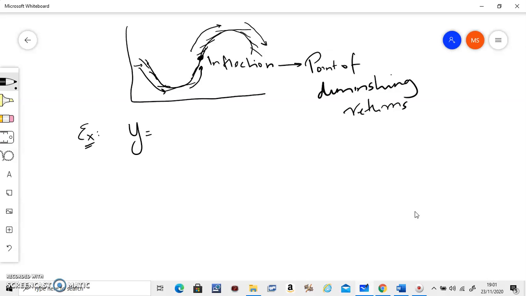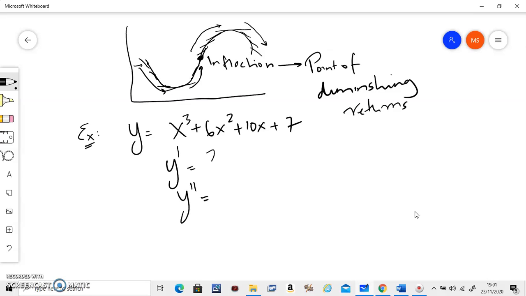So if I give you a function, say y equals x cubed plus 6x squared plus 10x plus something, and the question is to find the point of diminishing returns. What you need to do is find y prime and y double prime.